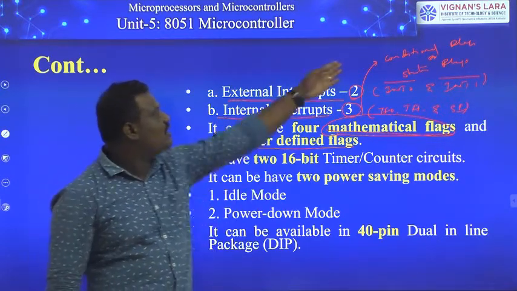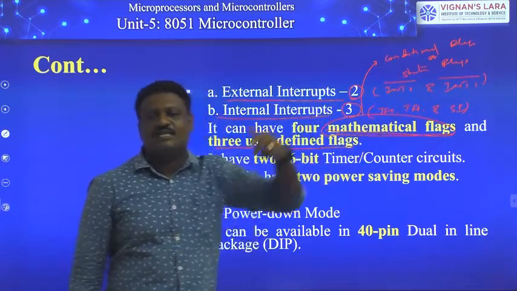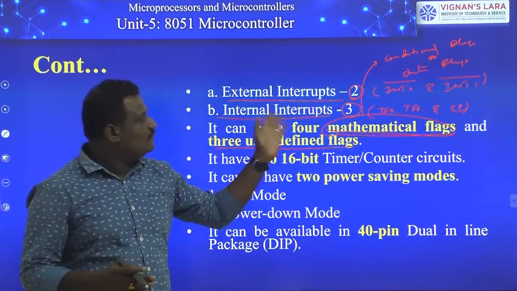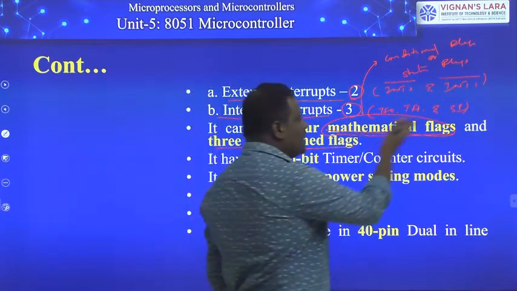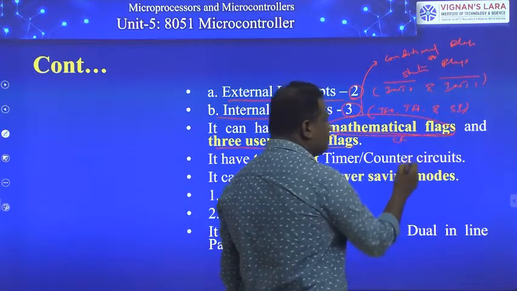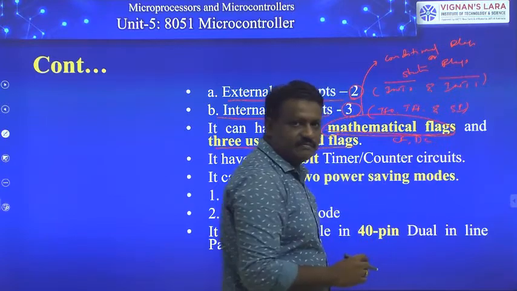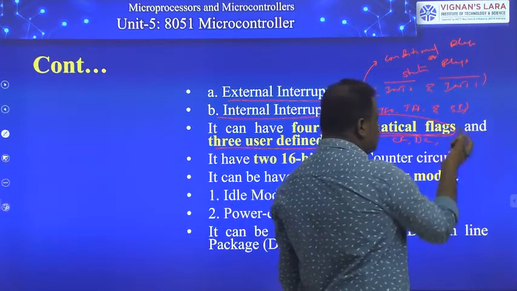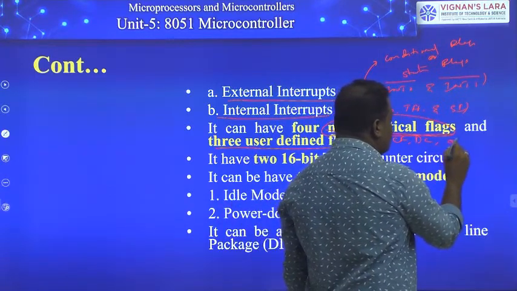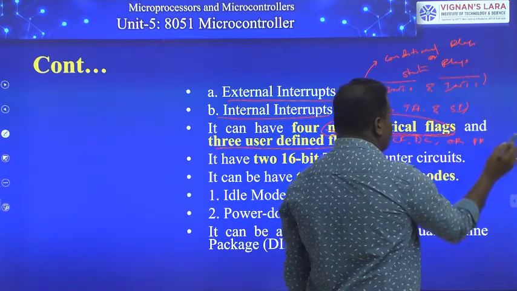That's why these are called conditional flags or status flags. The 4 conditional flags are the carry flag CF, the digit carry DC, the overflow flag, and the parity flag.